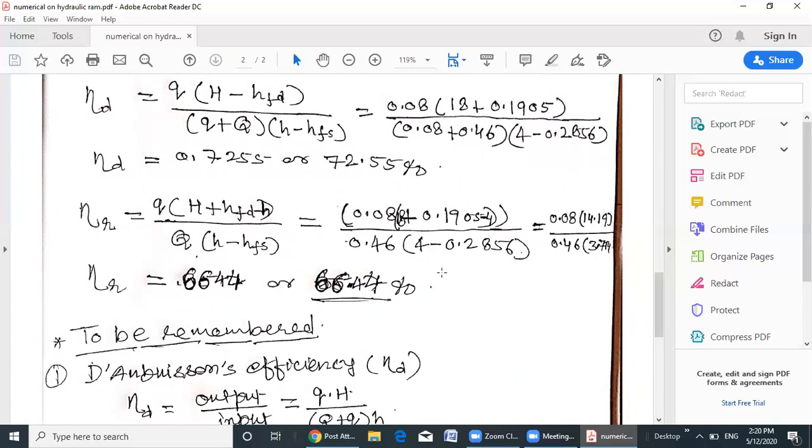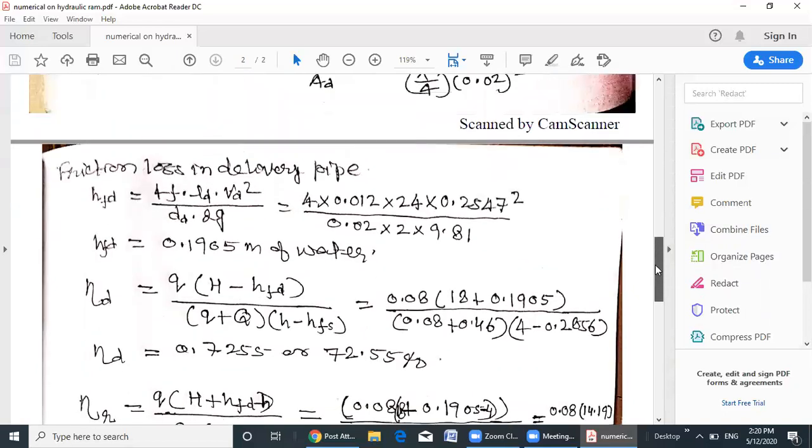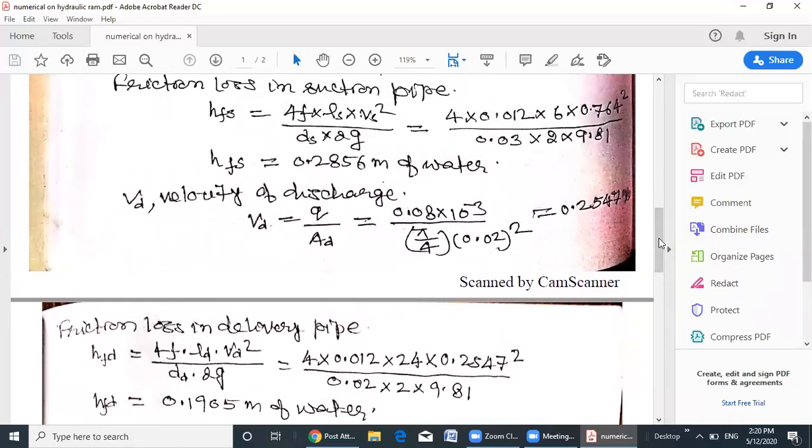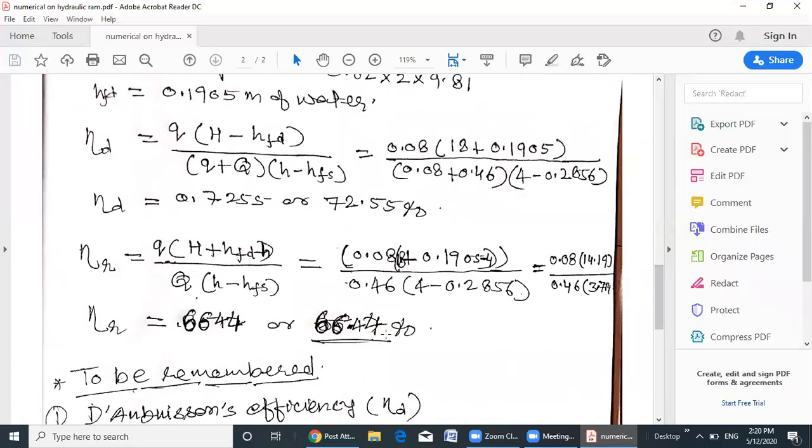One thing you have to remember here is that the efficiency of Rankine always comes out less as compared to the D'Aubuisson efficiency.